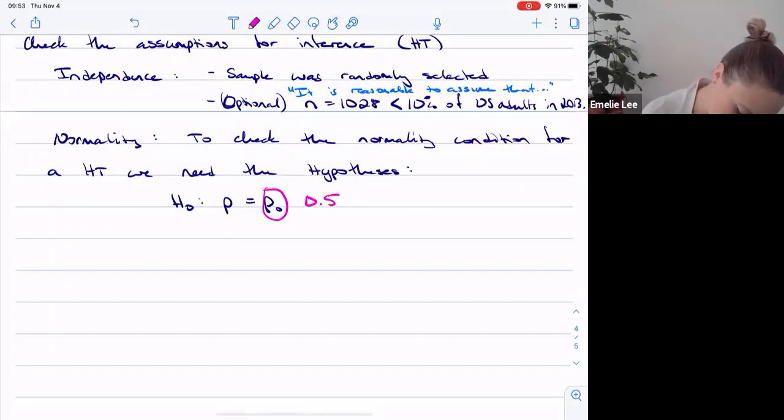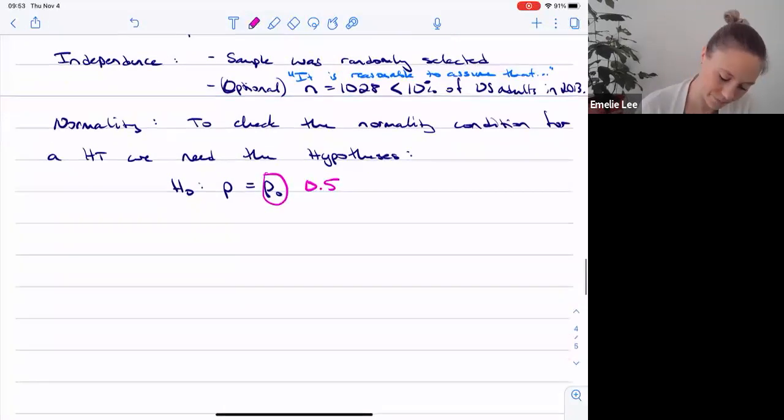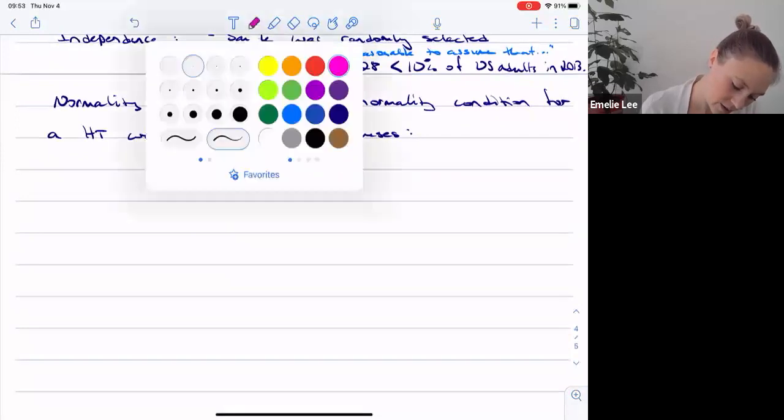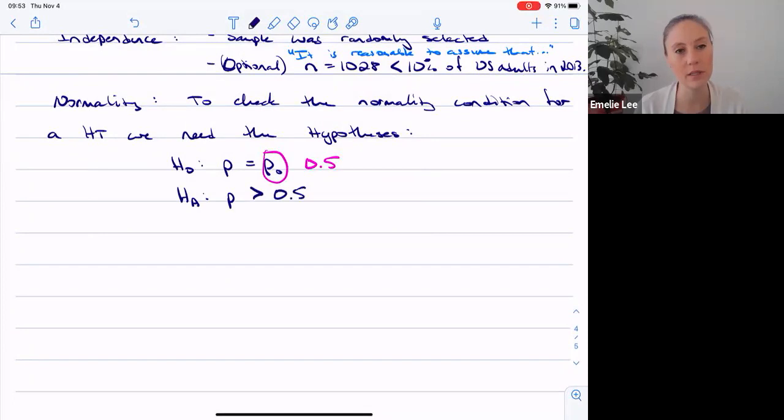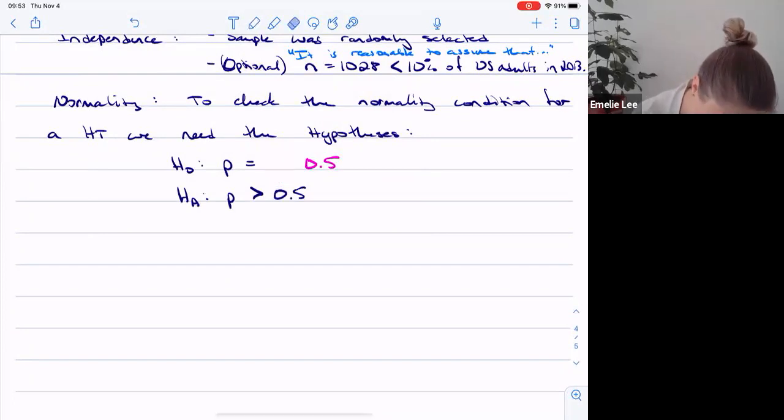So then 0.5. Versus the alternative hypothesis is that P is more than 0.5, right?